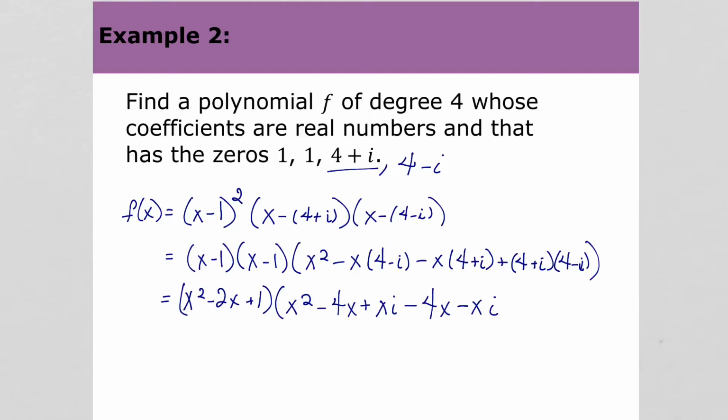And then we have 4 plus i times 4 minus i, which will be 16 minus i squared. Now, if you'll remember back when we did complex numbers, this i squared is negative 1.